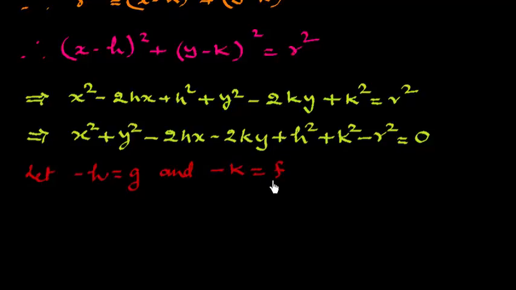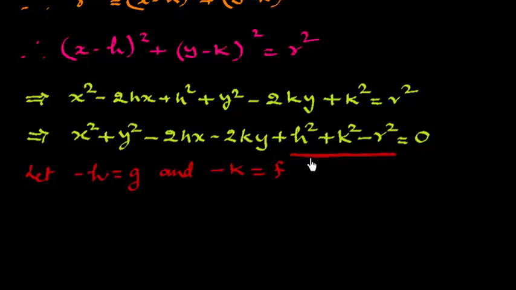Why are we doing this? Because we want to make all the terms positive, so we can easily memorize this general form of the equation. One more thing I would like to explain: look at the last three terms, you will get h square plus k square minus r square.